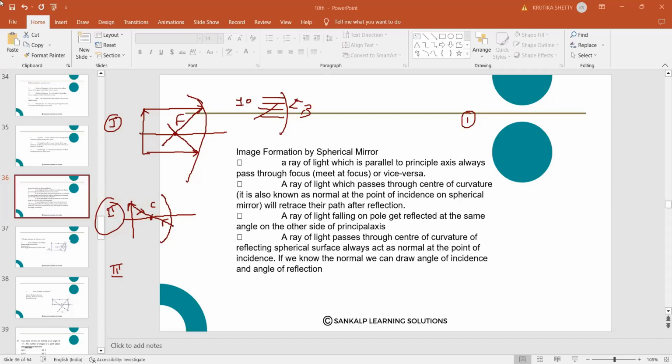So the meaning is, this is the pole. When a ray of light is incident on the pole, it will reflect back with some angle.